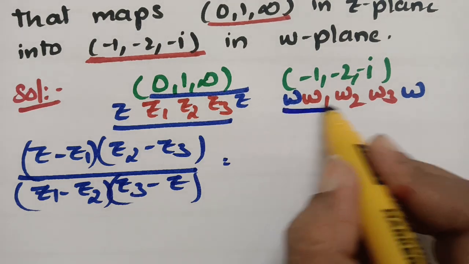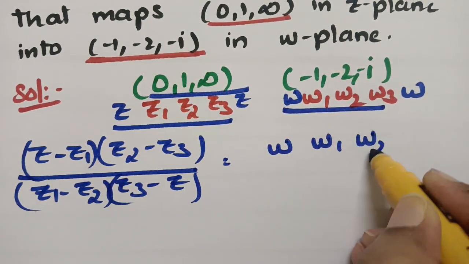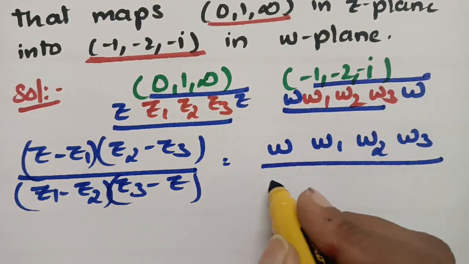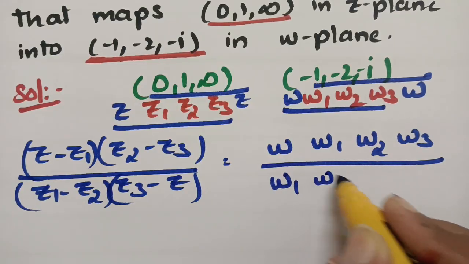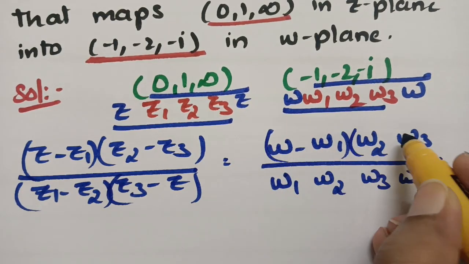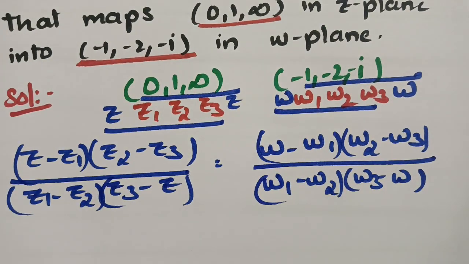First of all, I'm considering these 4 points, that is W, W1, W2, W3, and this is the way I remembered, and I also request you to remember like this, so that it will be very, very easy. So this is how we have to remember the formula here.